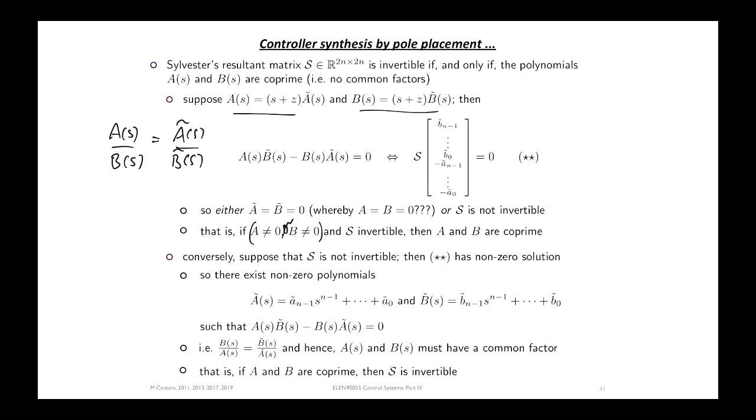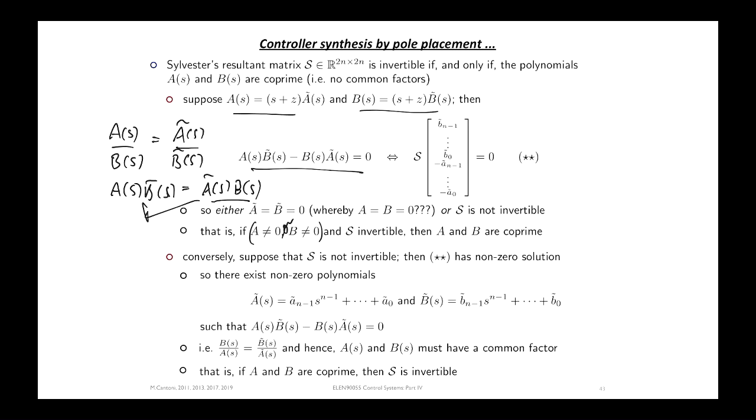And if you rewrite that equation, you get A(S) B tilde(S) is equal to A tilde(S) times B(S). But that's just that, right? Once I take this term over to the other side. Okay?